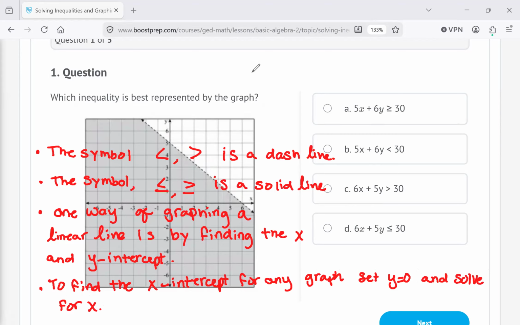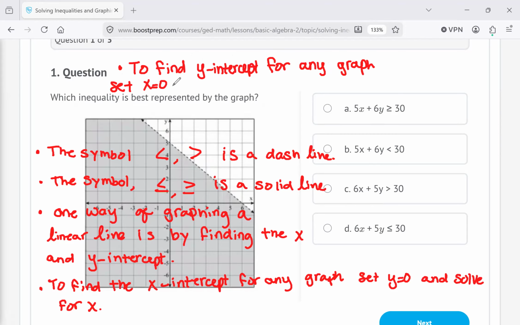Okay. And then let me put it up here. I'm running out of space, but to find the y-intercept, set x equals 0 and solve for y.